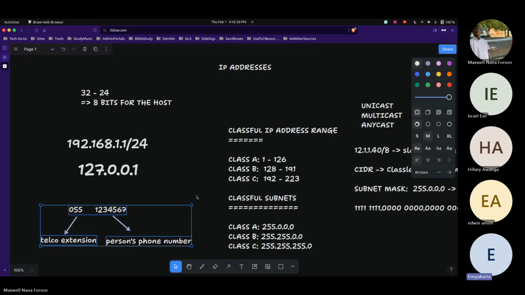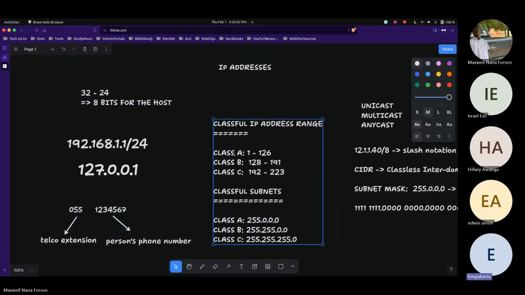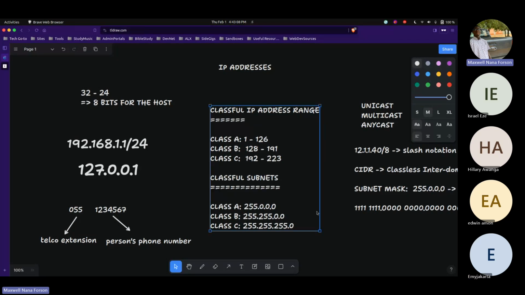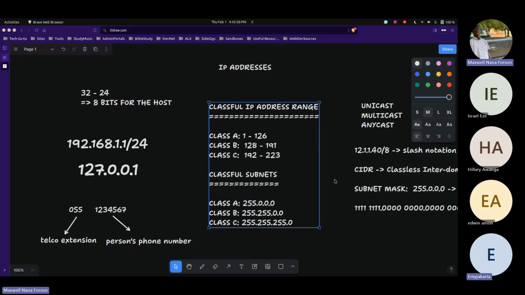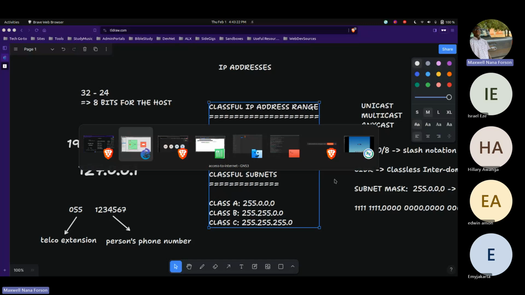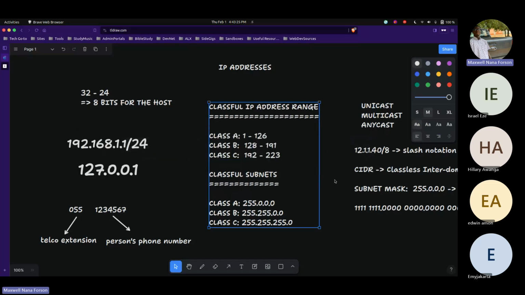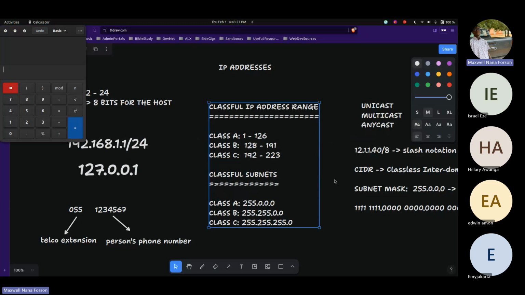And you said that class C is usually the most commonly used, right? Yeah, mostly. If you check your IP address right now, you find it somewhere within that range. Any particular reason? Yeah, because you see, let me just bring up the calculator one more time. The class C has only 8 bits left for host addressing.